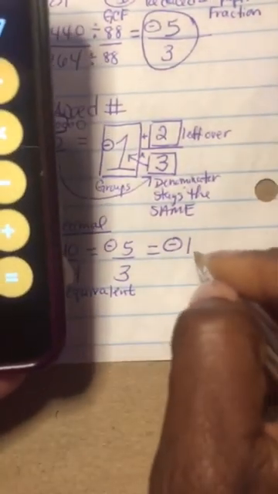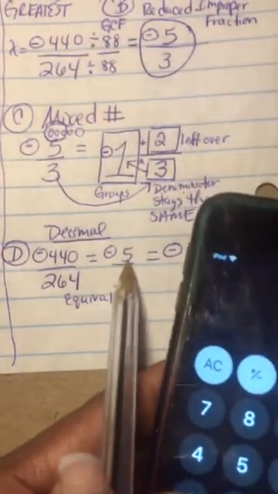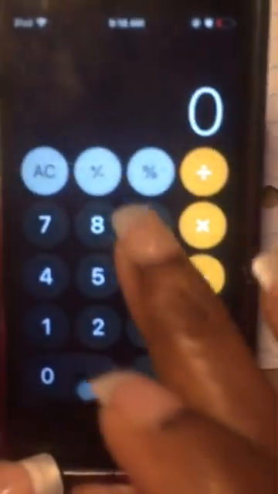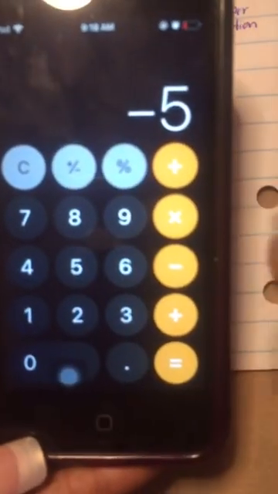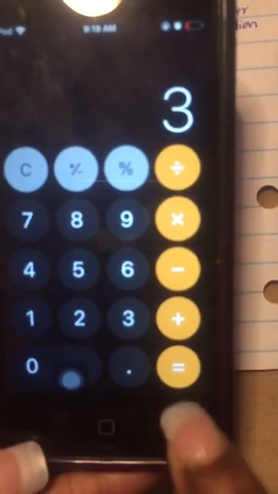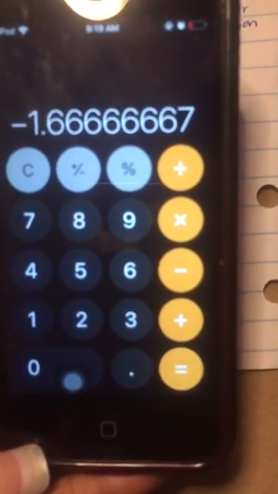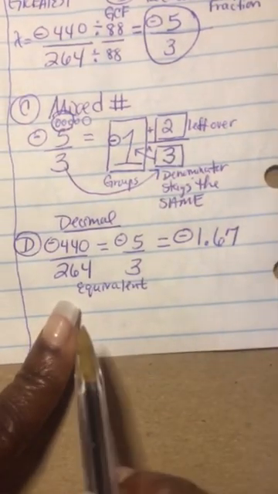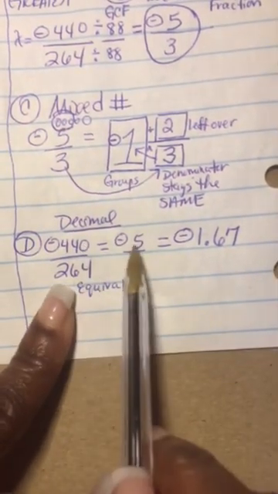So it's negative 1.67. Now I'm going to take negative 5 divided by 3. And we're going to come up with the same exact decimal because we have the same equivalent fraction. Negative 5 divided by 3 is negative 1.67. So you can take the original equation or the reduced.